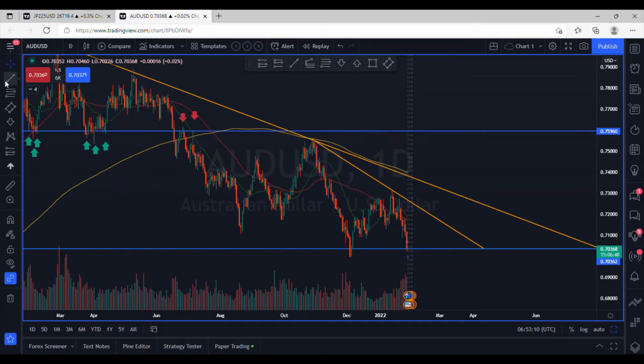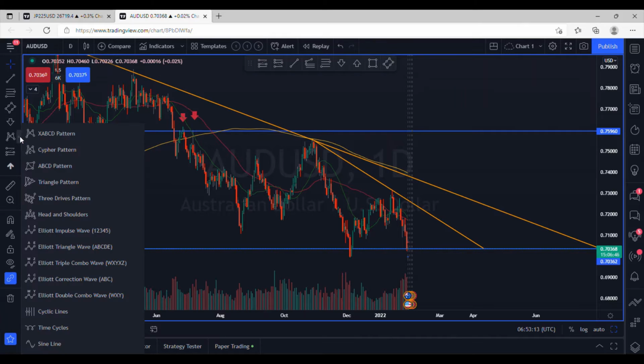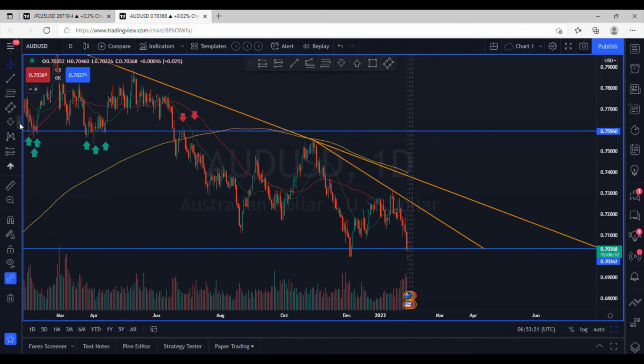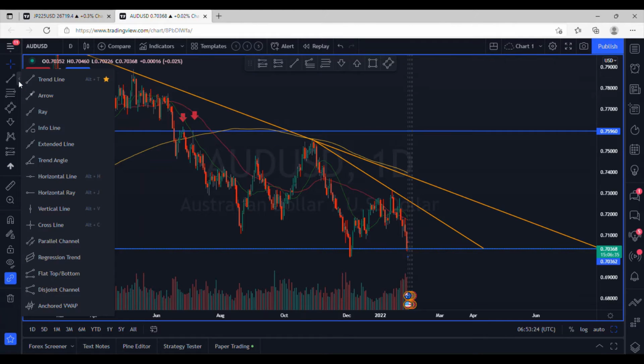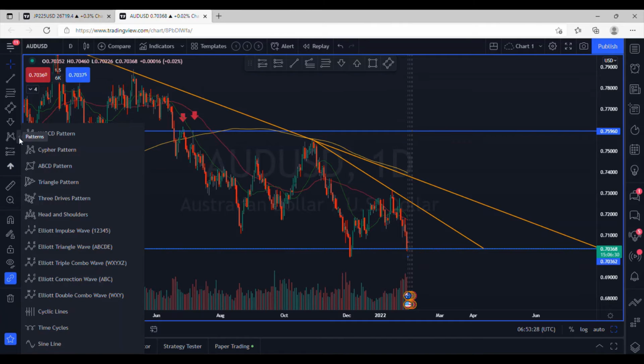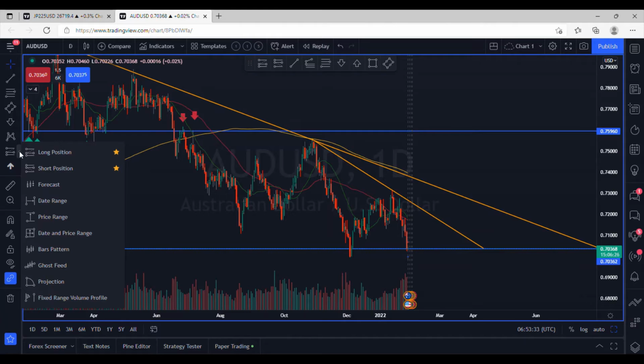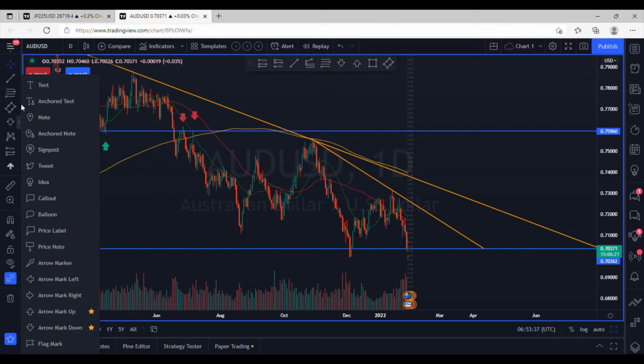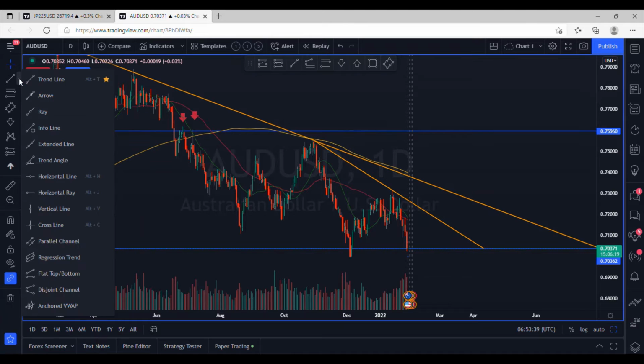So what price might do, what am I looking for? Just do it manually.